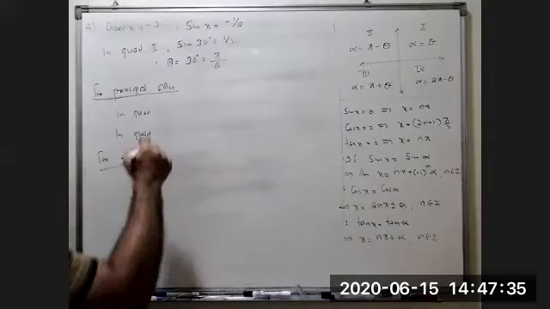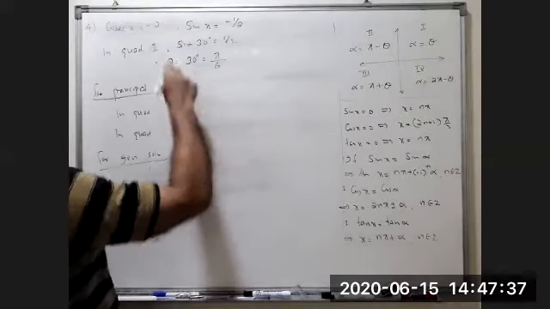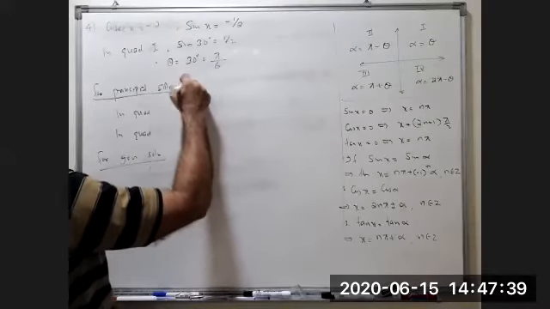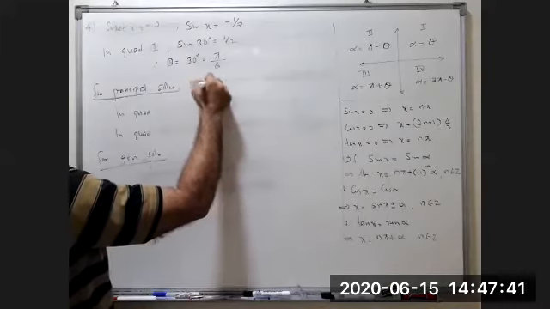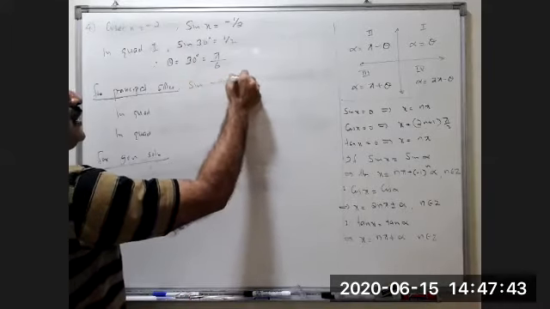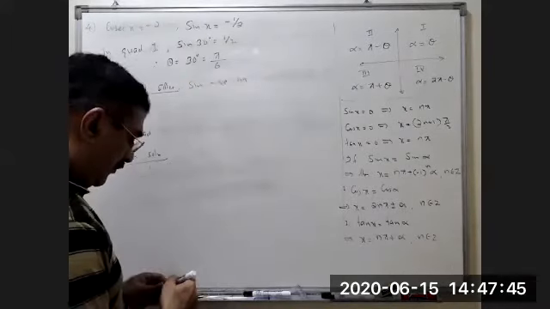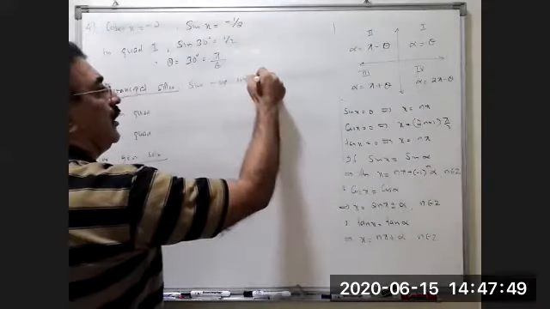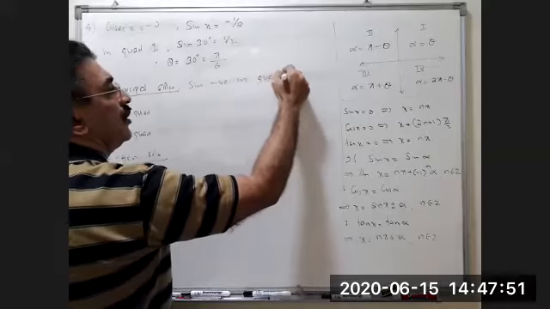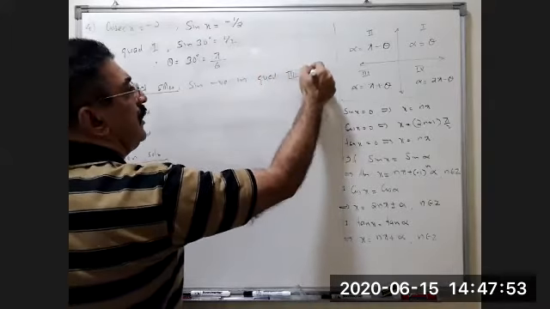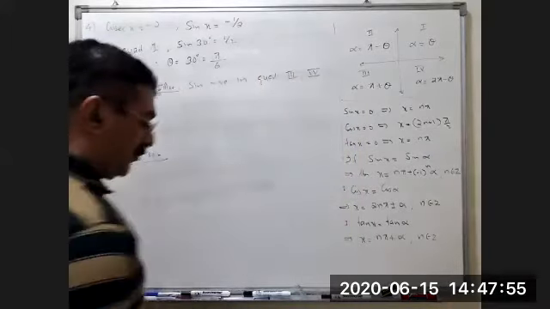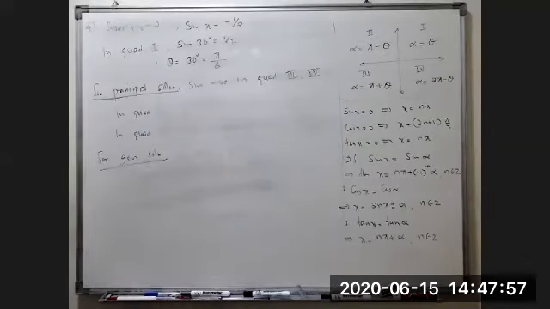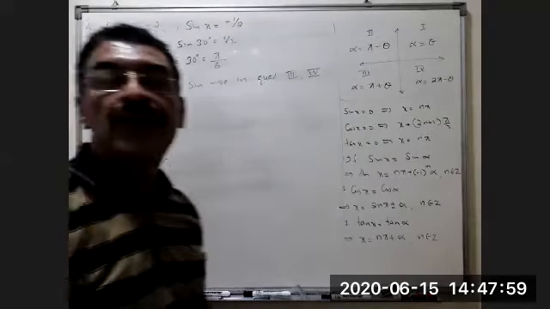So for the principal solution, sine is negative in which quadrants? Sine is negative in quadrants 3 and 4.